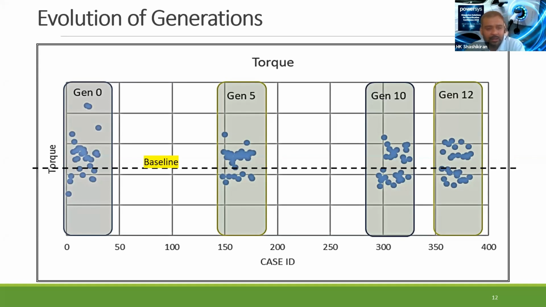But as it has gone through Gen 5, Gen 10, Gen 12, it has more segregated results towards the function or the baseline. You also see a very close connect with the baseline for most of the cases. So this indicates that the optimization is going in the right direction for most of the cases.